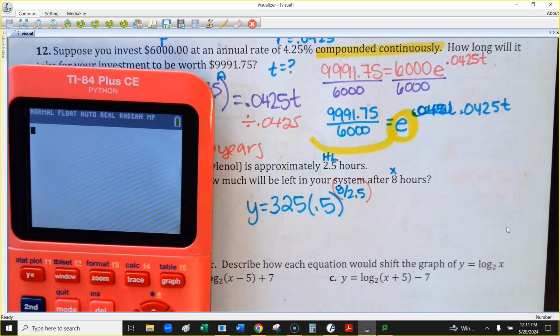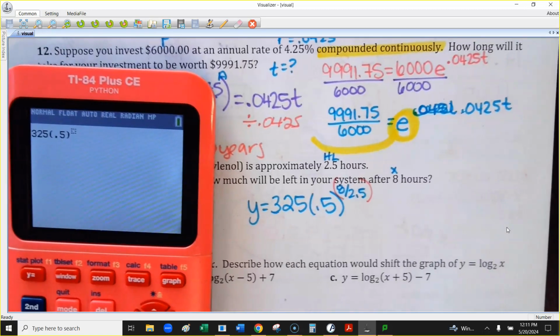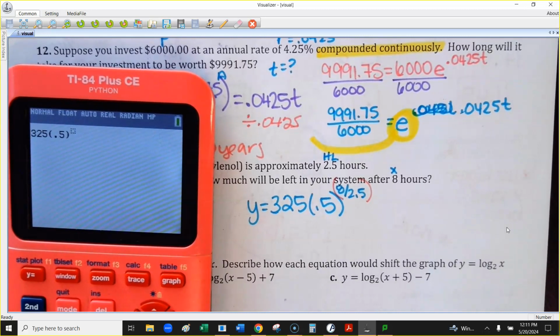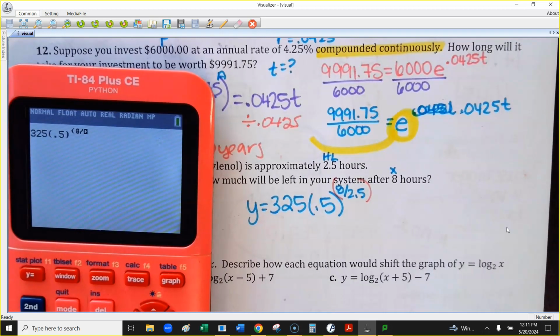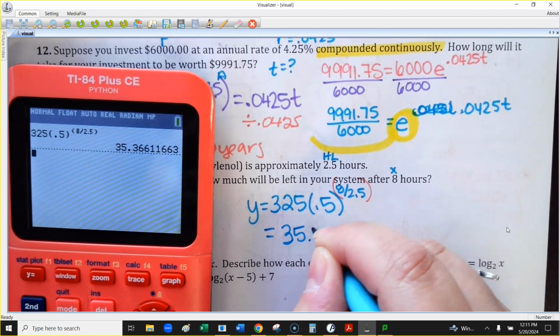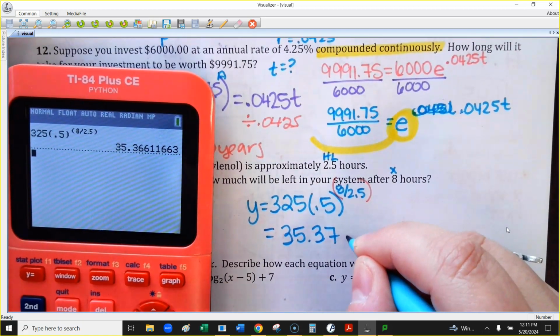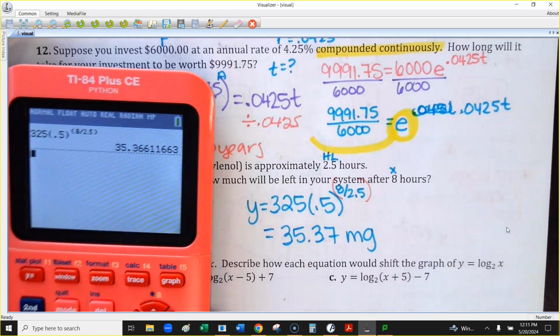So I'm doing 325 times 0.5, and then, again, you can't use your fraction key here because you have a decimal. Just do 8 divided by 2.5. Just put parentheses around that. Otherwise, it'll take it to the 8th power and then divide the entire answer by 2.5. So you don't want to do that. This should be about 35 point, I'll just go 2 decimal places because I don't think it tells you, milligrams would be left in your system after 8 hours.